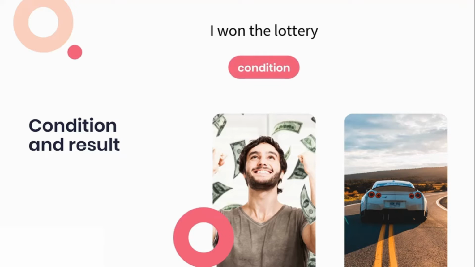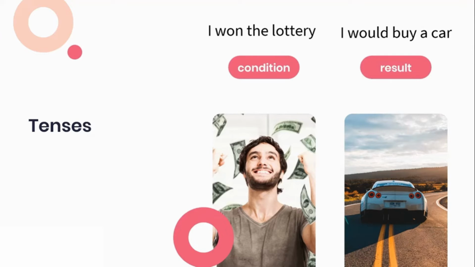And we know that with type 2 conditionals, the condition is unlikely. So, of course, that means that I would buy a car is the result, because it is the outcome of winning the lottery. Now, of course, we need to talk about tenses. In what tense is the condition? I won the lottery.